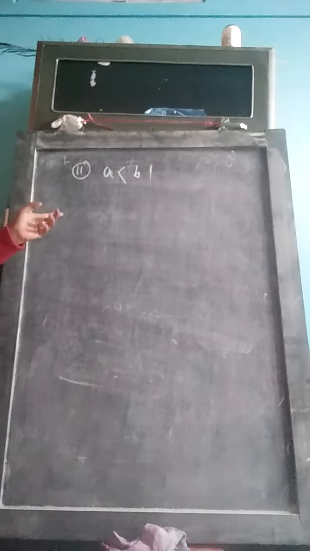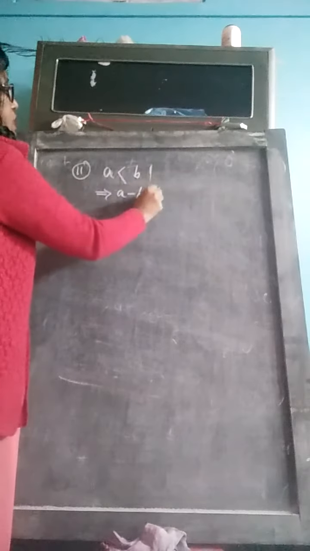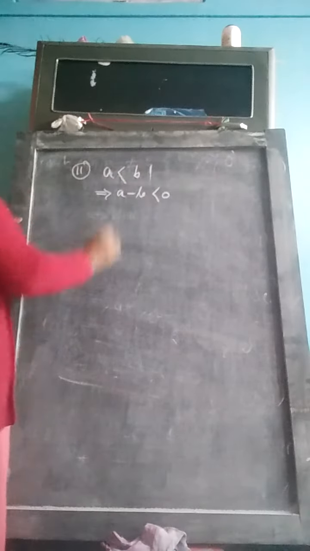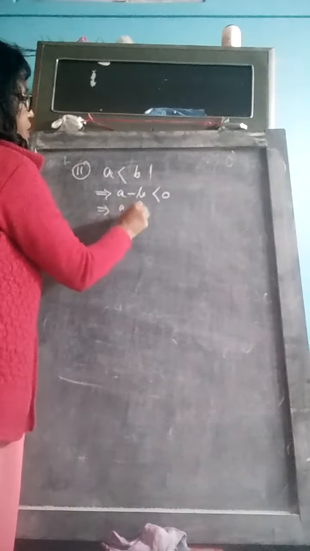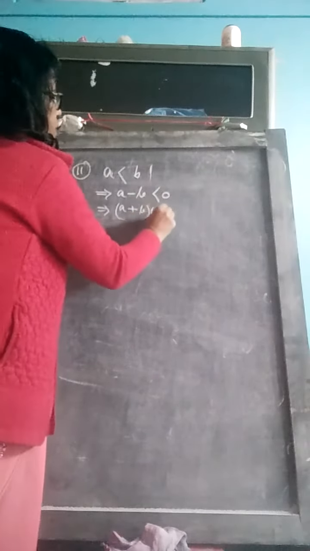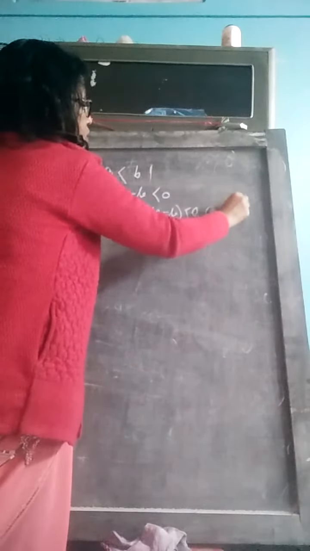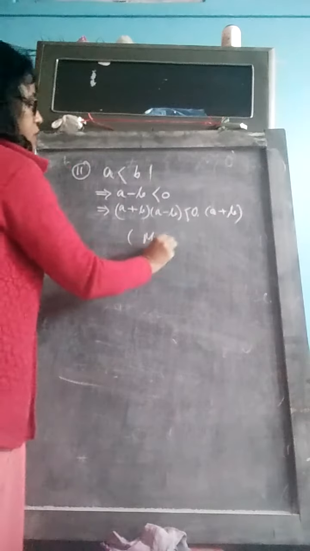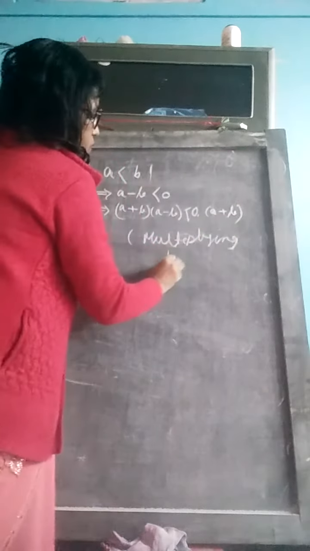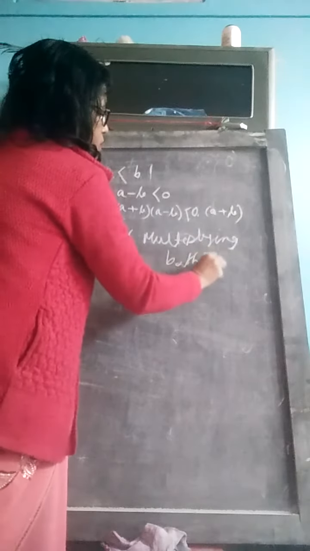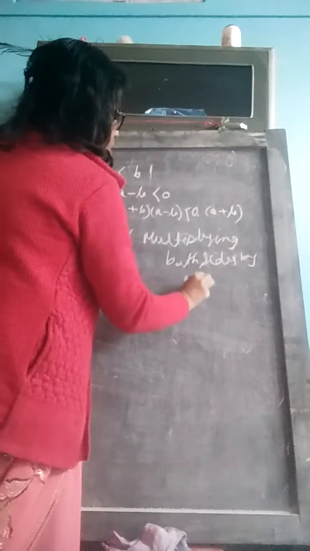A is less than B implies A minus B is less than 0. When this goes here, it becomes negative. We multiply both sides by A plus B. A plus B into A minus B is less than 0 into A plus B.